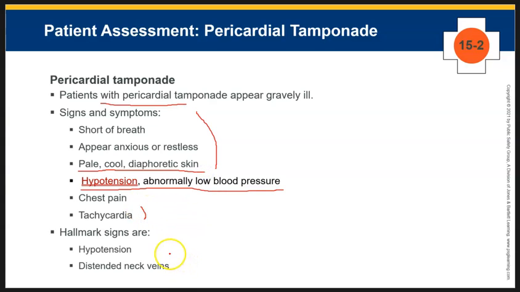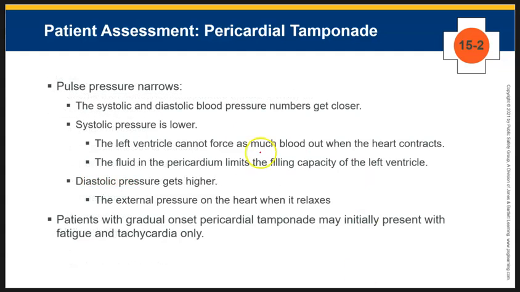Along with that, we can also see distended neck veins. The veins are trying to return blood to the heart, but we end up with distension because the heart is unable to, for lack of a better term, accept that blood and then move it effectively to the lungs to complete its round trip.